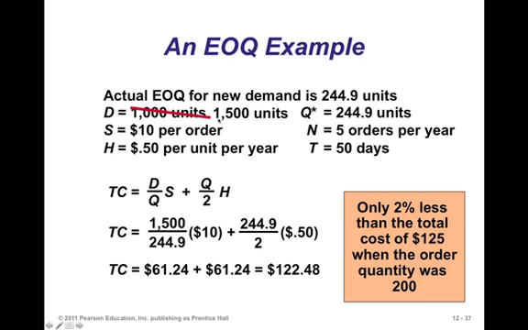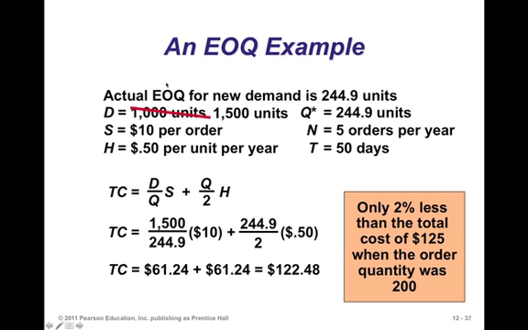Okay, so this is just showing what if we determine what the order quantity would have been for 1,500 units. The optimal order quantity is really 244.9 units, which was different from the 200 units that we were using a bit earlier. Okay, and we see that the cost is really not a whole lot different.